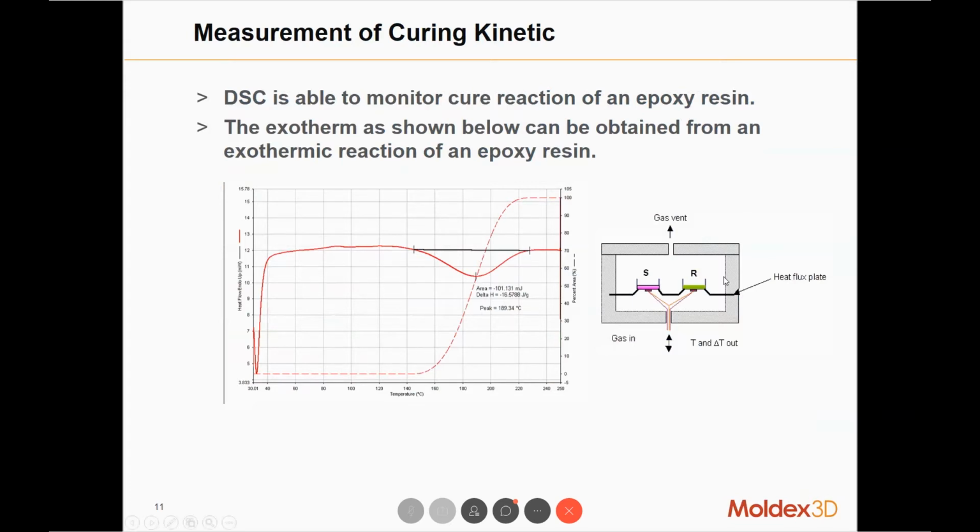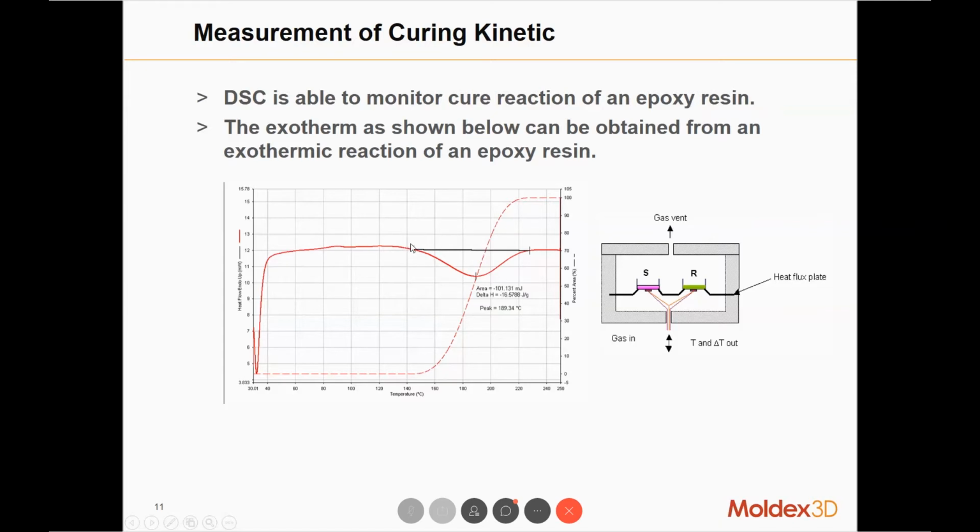So we'll have a heat flux plate, and at the same time record not just the temperature change, but also the heat flow. As you can see on this graph, at the beginning stage of the heating, the temperature of the polymer will increase under a constant heat flow.